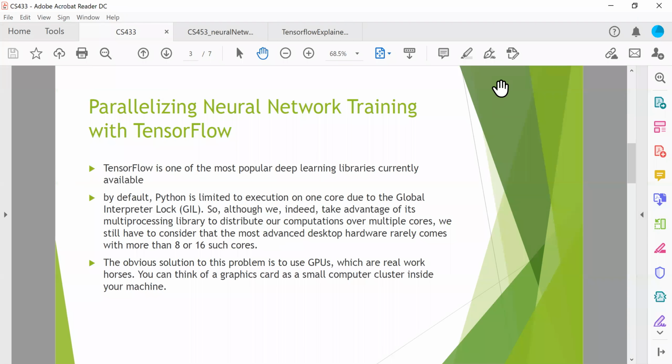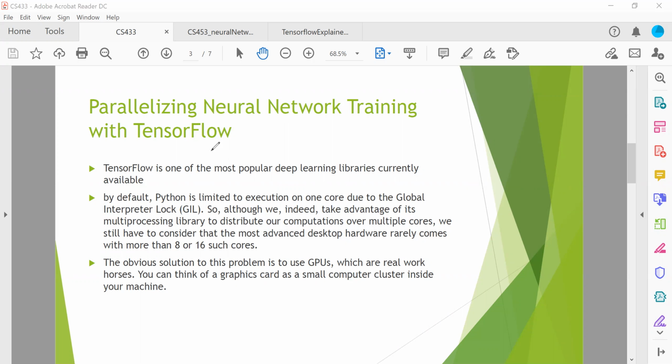Otherwise, you can use Google Colab, then you don't need to worry about installing TensorFlow. Also, the data in these examples is not that large. If you have a larger data set, neural network training with MLP is quite slow.